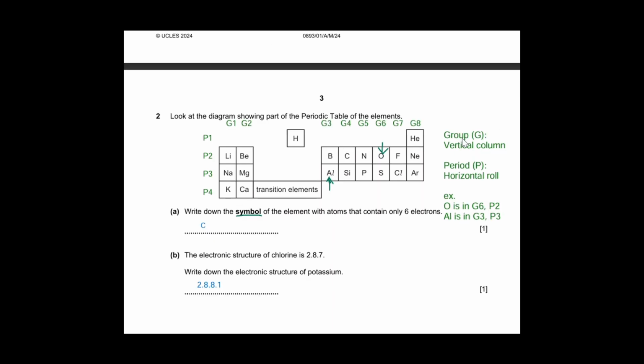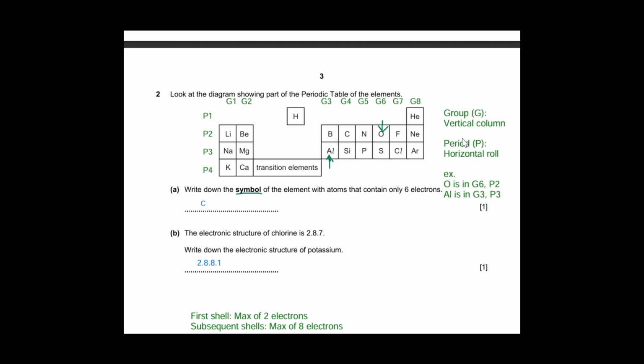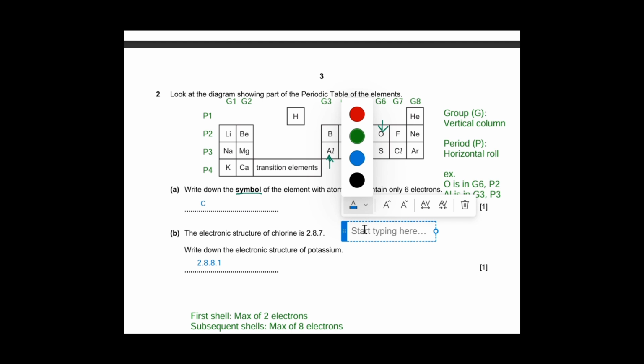So we'll move on. The next one is about the electronic configuration. They gave us the electronic configuration of chlorine. Well, these are the numbers of electrons, which when added together should give you the atomic number of the element. For example, for this chlorine that is given here, if you add up the total number of electrons in the configuration, it should give you the atomic number of chlorine.